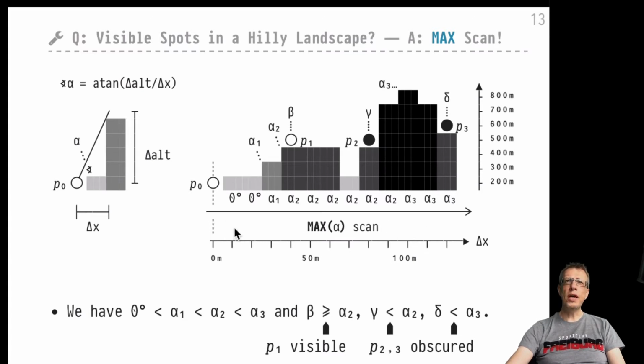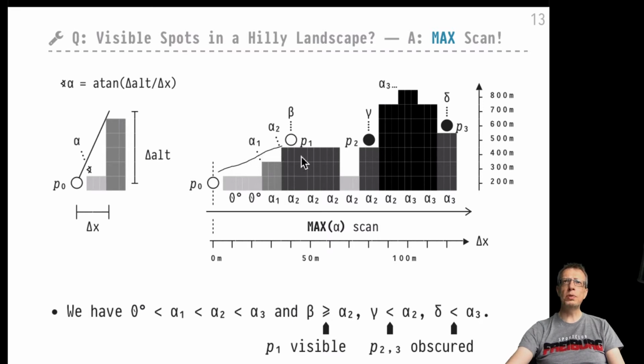At each point x here, we would just measure the viewing angle from P0 to the actual point at this current position x. So it will probably be 0 degrees at this particular point, but it will be somewhat more, namely alpha 1 at this particular point already.